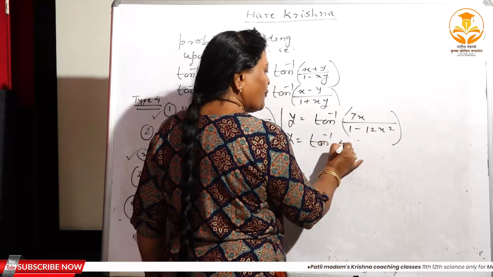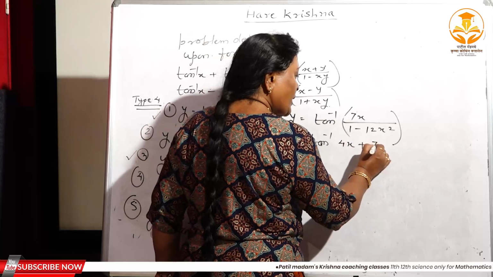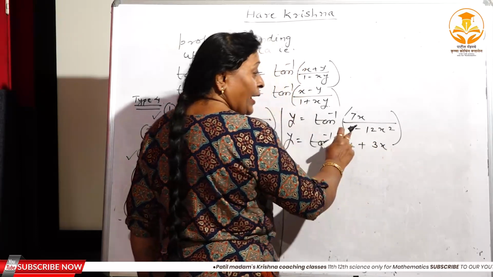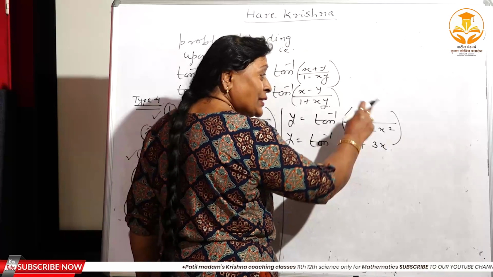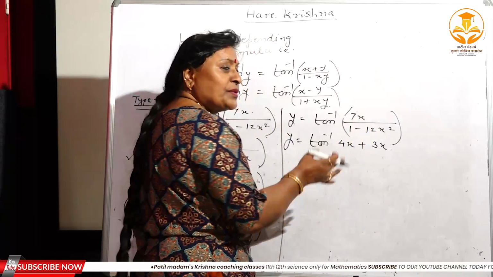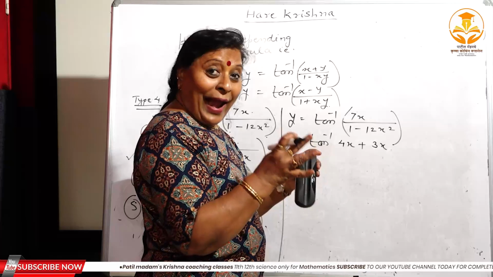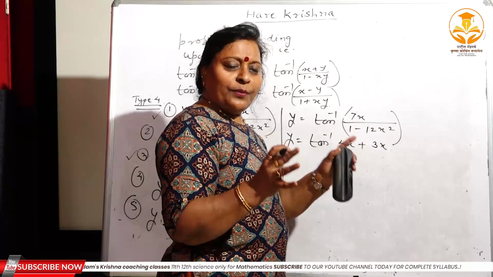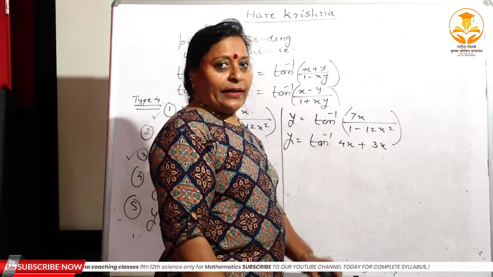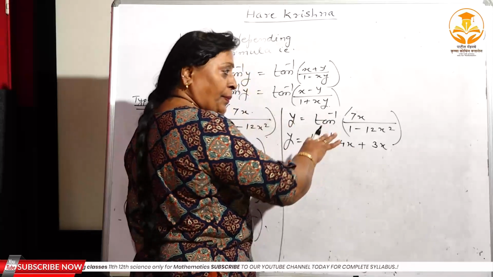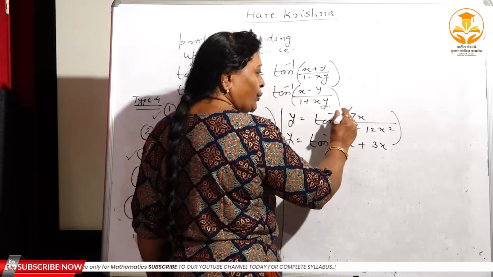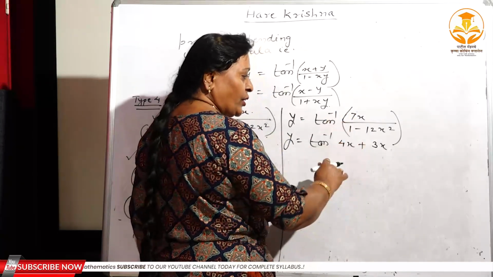Now this you can write as 4x plus 3x, and again you have to see carefully. When there is a minus, you always decide two terms such that you add them. If there is a plus, then decide the two terms such that you subtract them. Here there is a minus, so you have to think about the addition of two terms.